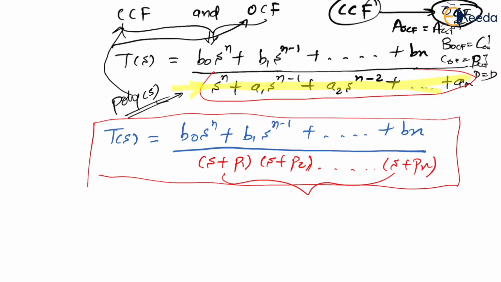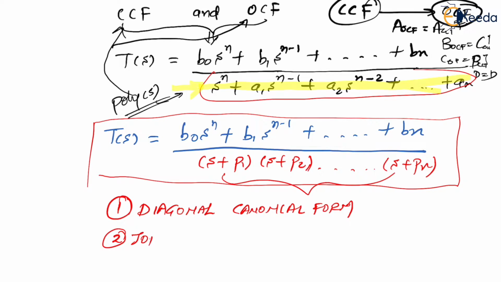Now you may ask, sir, why do you have two different forms? The two forms of state space model that we have are diagonal canonical form and Jordan's canonical form. Don't worry, I will tell you what they are.